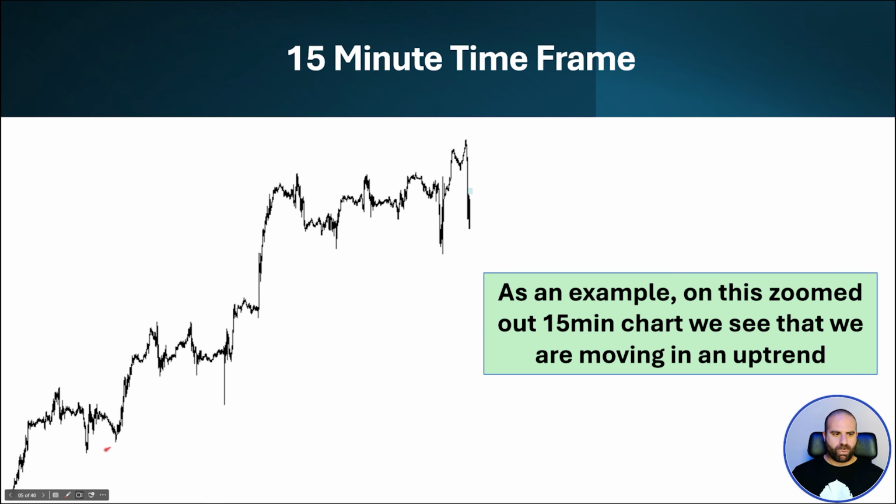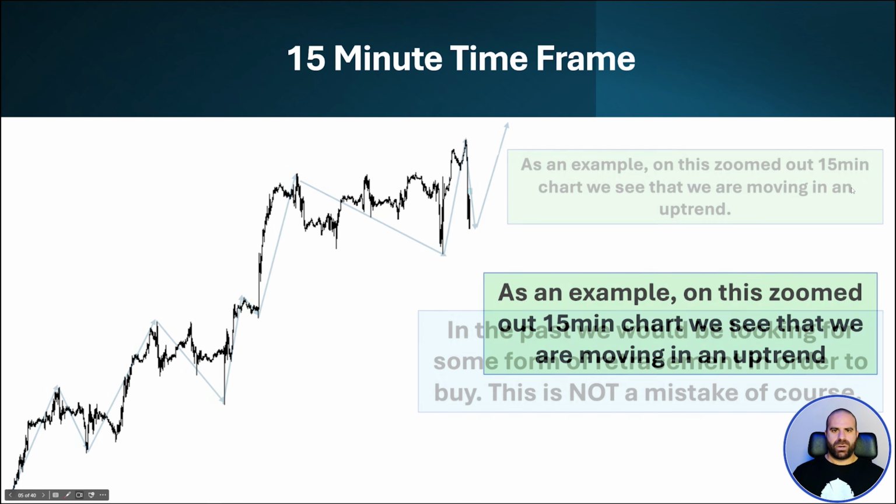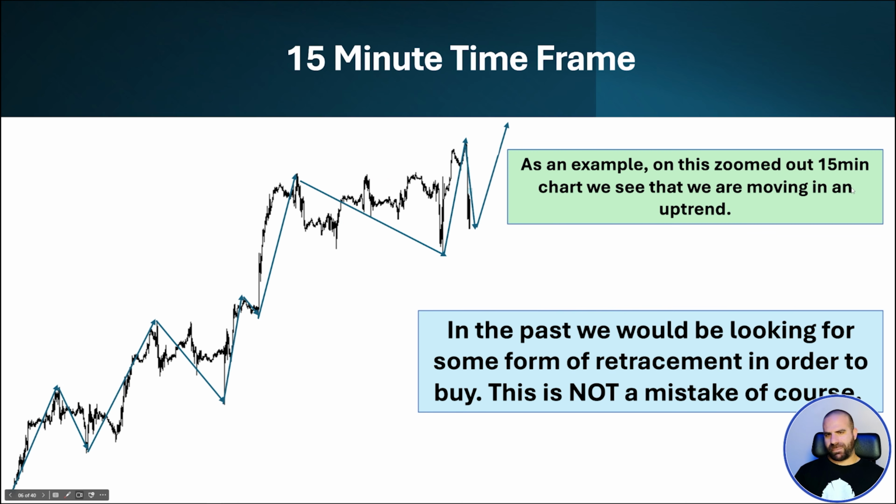We are not gonna say here again that price is making higher highs and higher lows, so let's check out for the next leg to buy. We are gonna be doing something different, even though this is not a mistake.